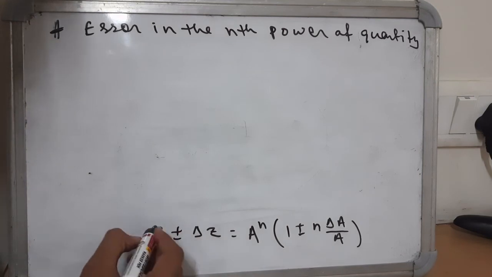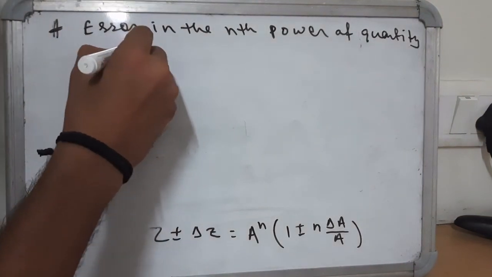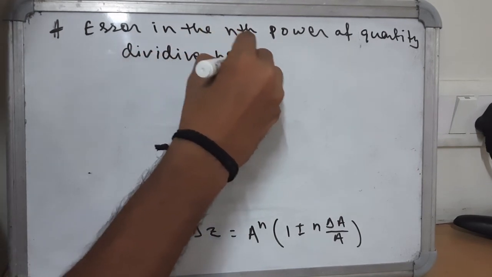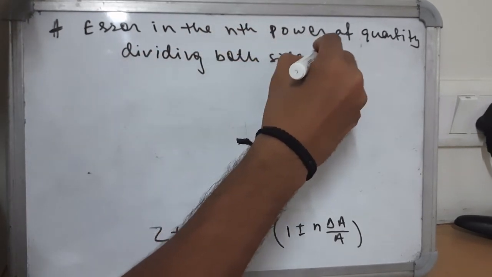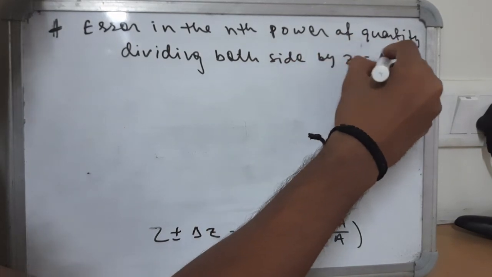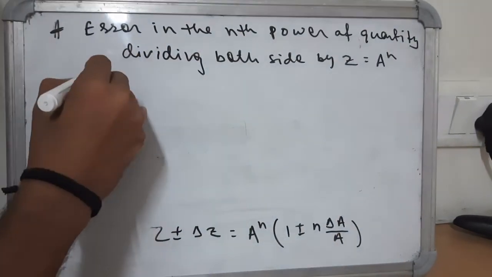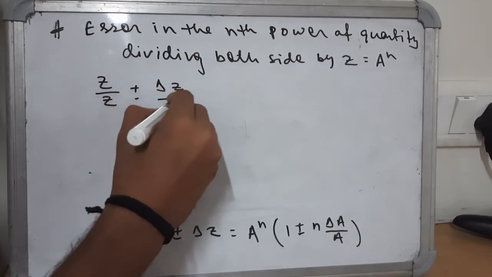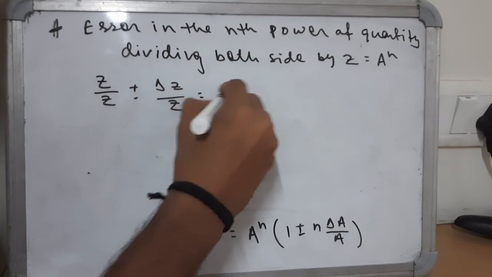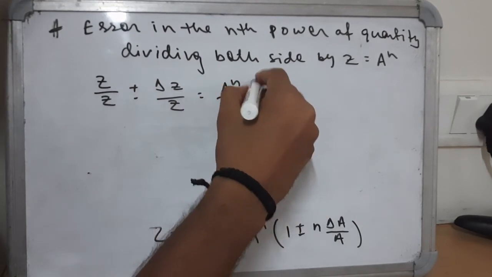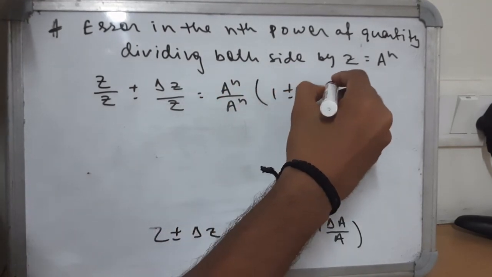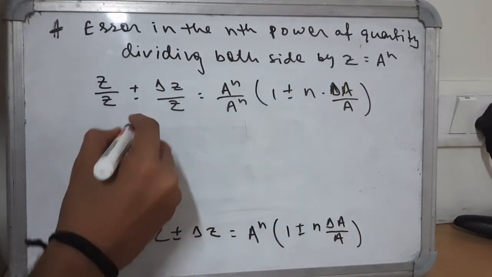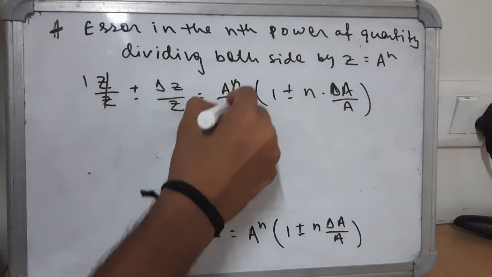Now on dividing both sides by Z equals A to the power n, we will get what? Z upon Z plus minus delta Z upon Z equals A to the power n upon A to the power n times 1 plus minus n times delta A upon A. So this will be equal to 1 and this will be equal to 1.